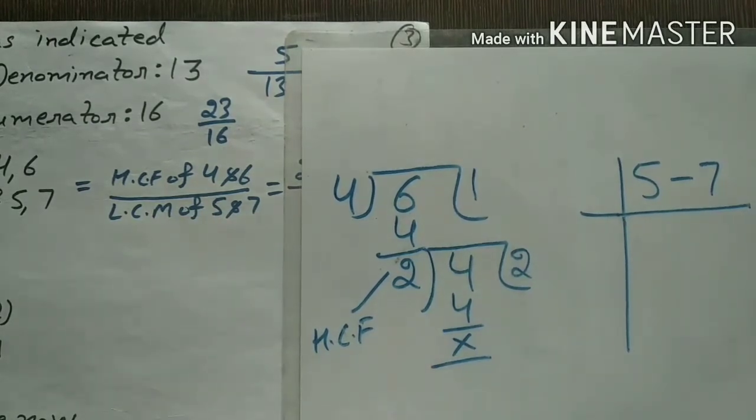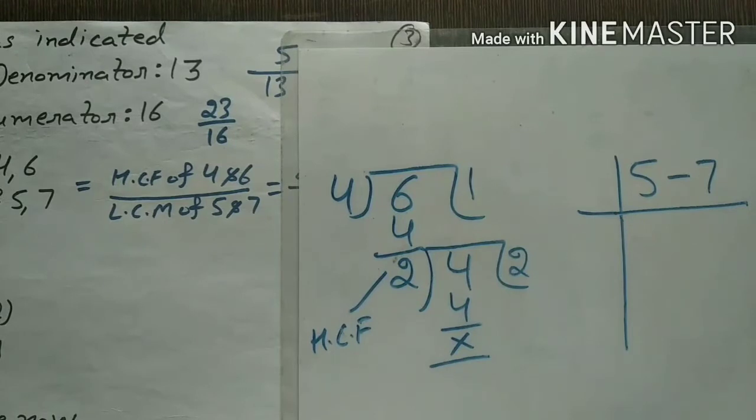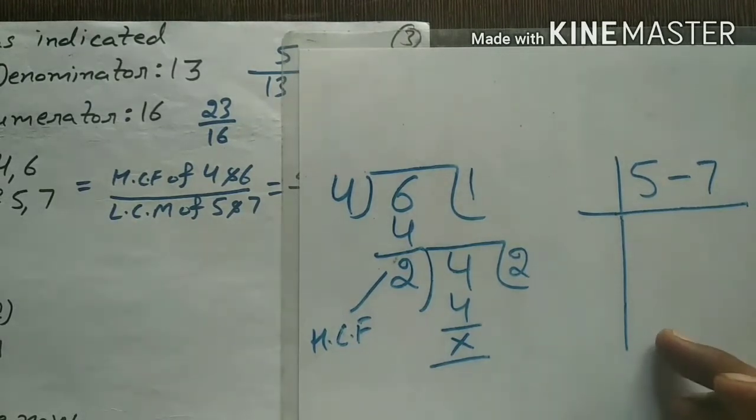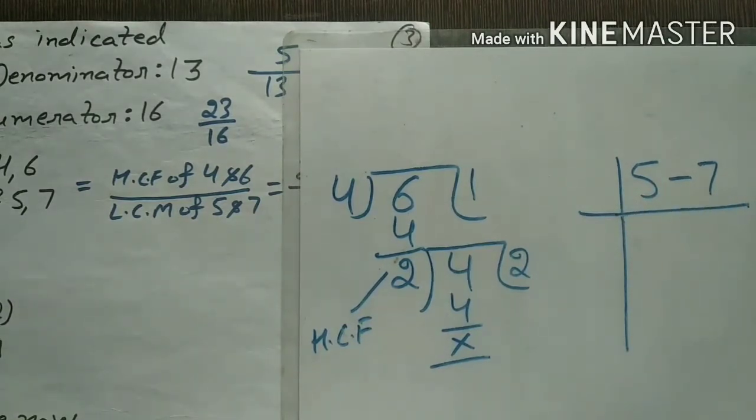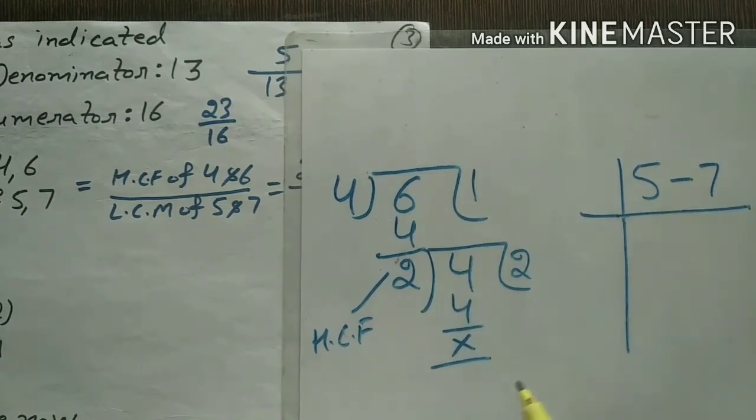After 3, the number is 4, but 4 is not a prime number. We will take 5. Now you observe on the table of 5, is any one between these two divisible or not? Yes, on 5's table this 5 is divisible. Therefore, I will write here 5.